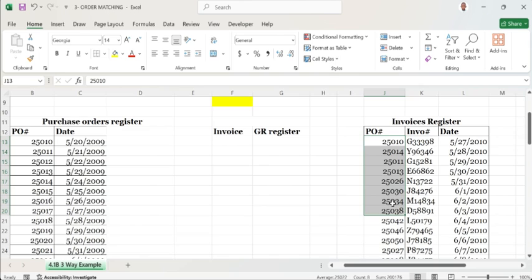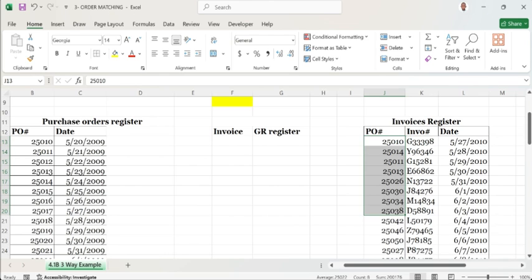I don't want us to go there. I want to ask a simple question. When you talk about the GR, this is the goods receipt register, and the invoice is this.